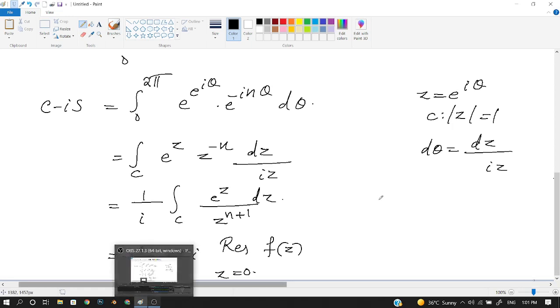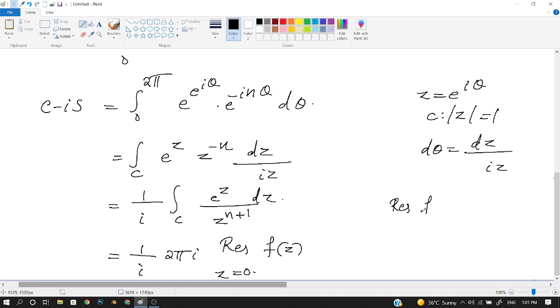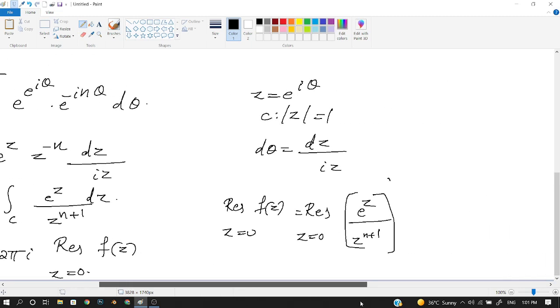So what is our function here? Residue of f of z at z equal to 0 is given by the residue of our function e raised to z by z raised to n plus 1 at z equal to 0. And here we can see, what is the order? Is z equal to 0 a pole?